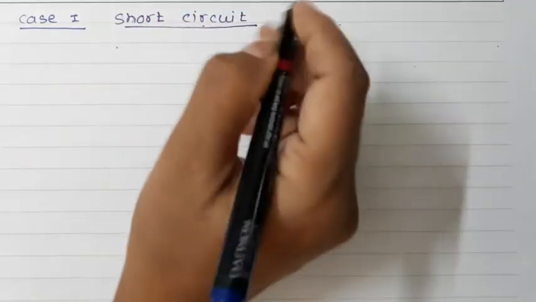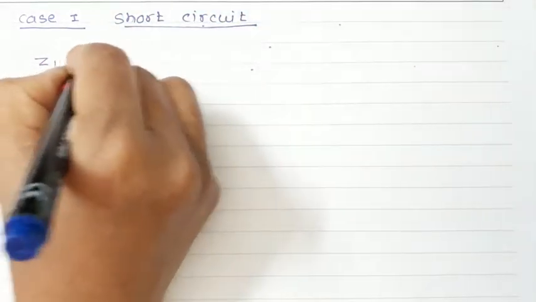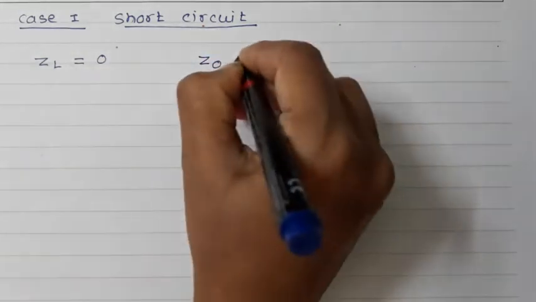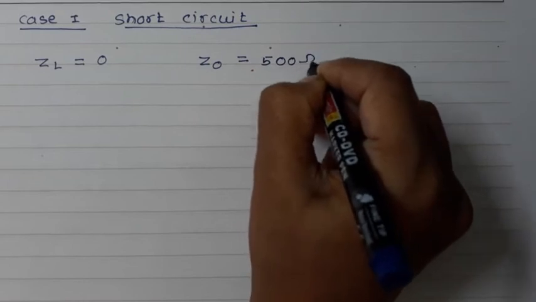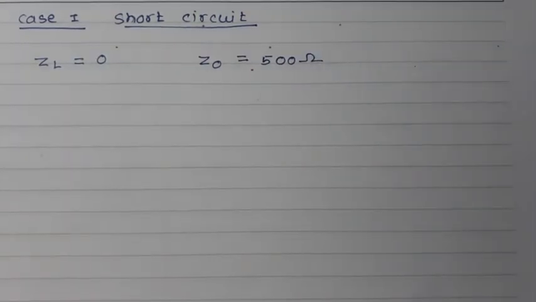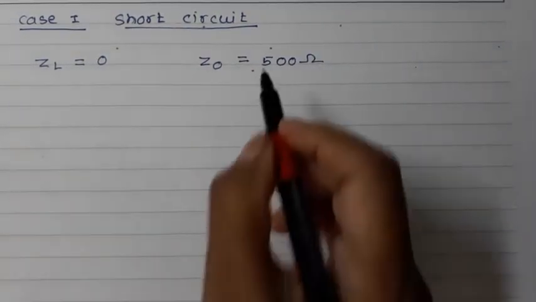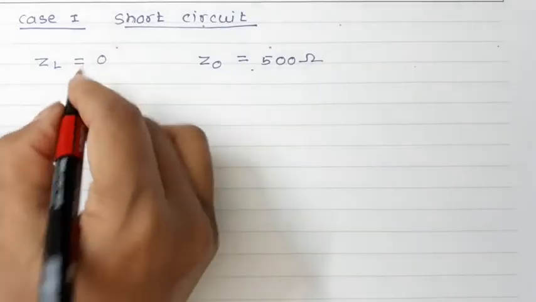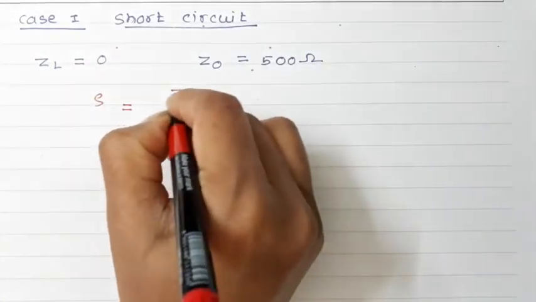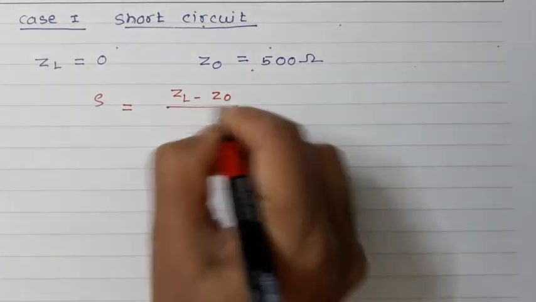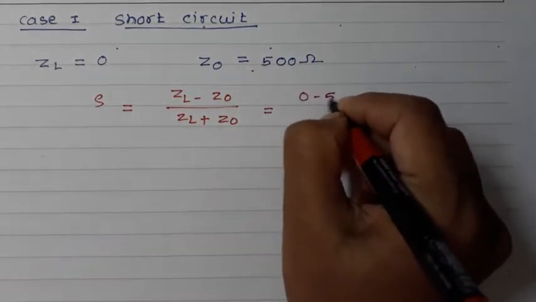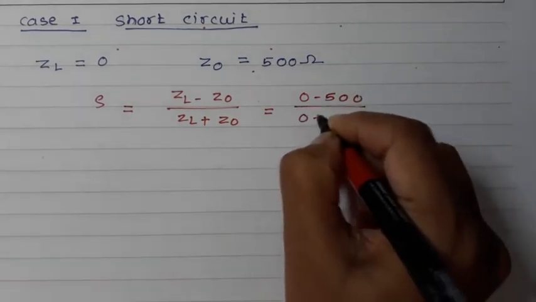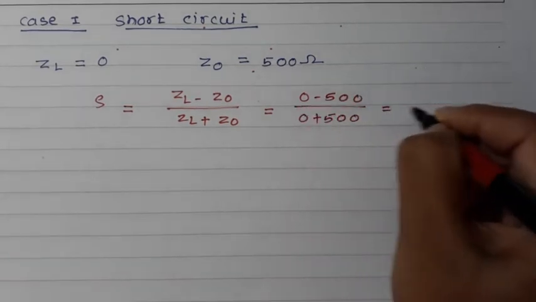Short circuit means ZL is equal to 0, whereas in our rectangular waveguide your Z0 is 500 ohm. Always the characteristic impedance of the rectangular waveguide is 500 ohm. As we know that the reflection coefficient is equal to ZL minus Z0 divided by ZL plus Z0, we can write 0 minus 500 divided by 0 plus 500, which comes to minus 1.